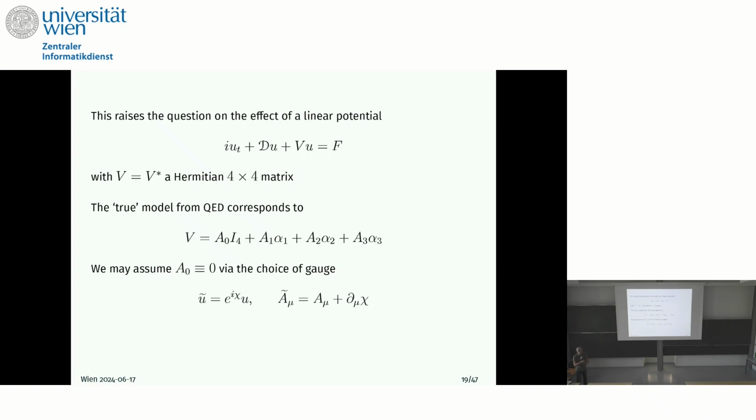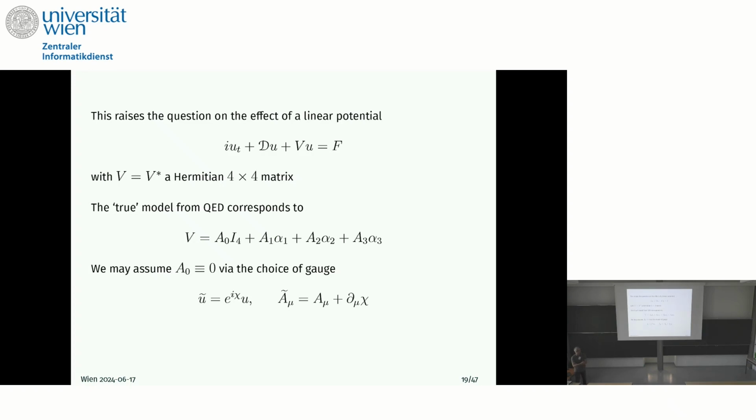This leads to the main question in this talk. What can we say if you add a linear potential to the Dirac equation? It's a natural problem, and it's important for the general theory of quantum electrodynamics. Of course, you see that the natural potential should be something like that, a combination of scalar coefficients and Dirac matrices.